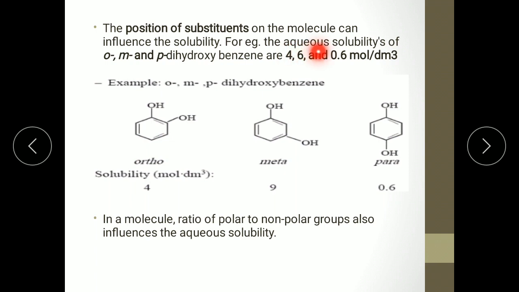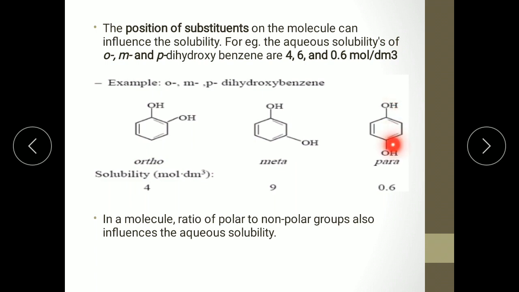For example, the aqueous solubilities of ortho, meta, para dihydroxybenzene are 4, 6 and 0.6 mole per dm cubed, that means mole per liter. Now, the position of the substituent: here it is ortho dihydroxybenzene, here meta, here para.